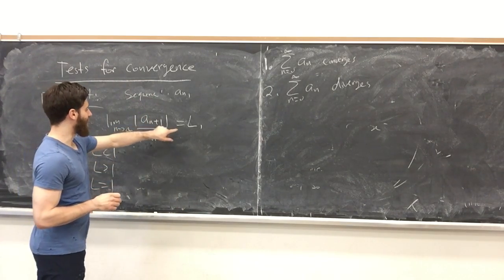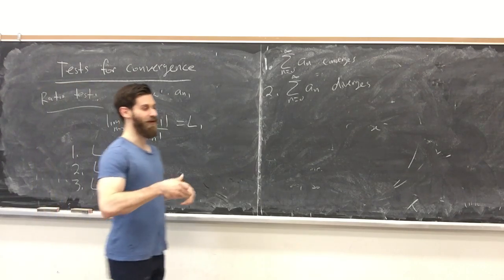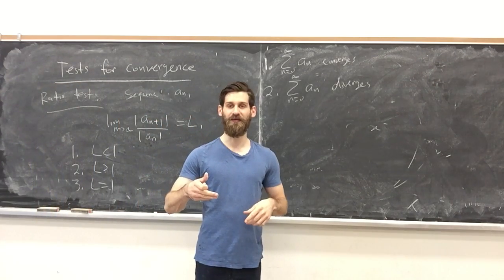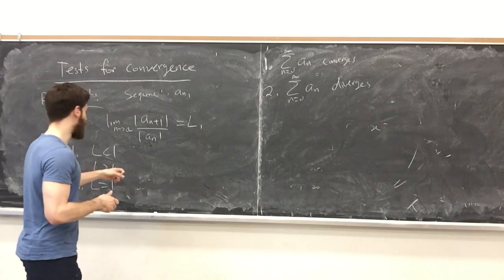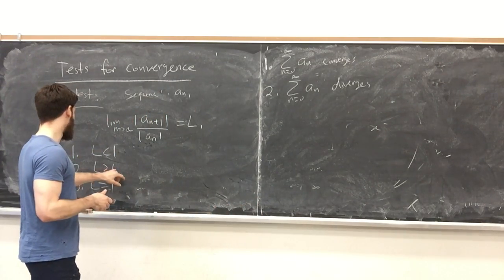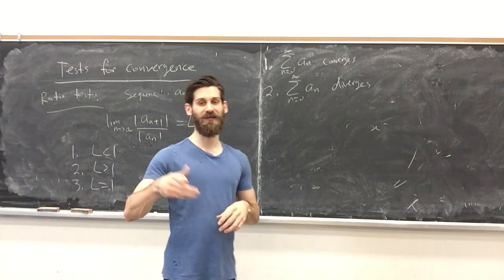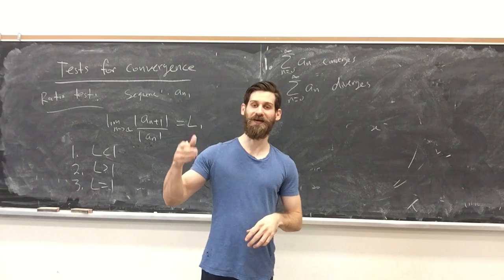If this limit is equal to L, which is less than 1, then it tells you that the terms are eventually getting smaller and smaller. But if the limit is bigger than 1, then eventually the terms are getting bigger and bigger.